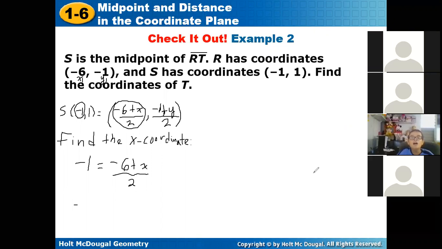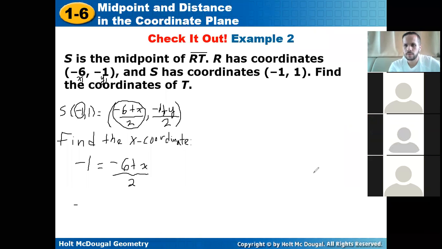Lo hicimos ahorita. ¿Cómo usted? By multiplying 2 times 2 and -1 times 2. Exacto. Basically the same, ¿verdad? The same thing. Okay. So we're gonna multiply by 2, and we're gonna cancel this. And in the other side, we also have to multiply by 2. Okay. So it's gonna be something like this.